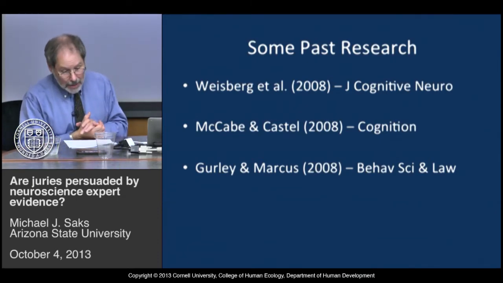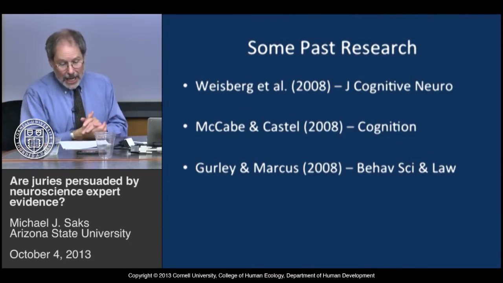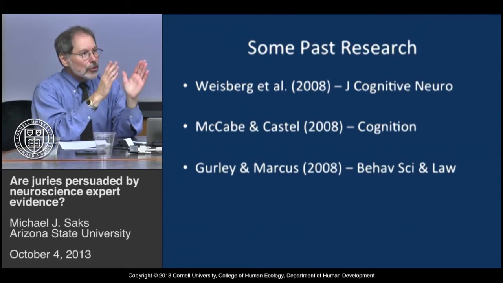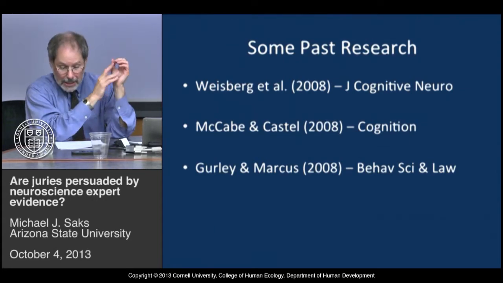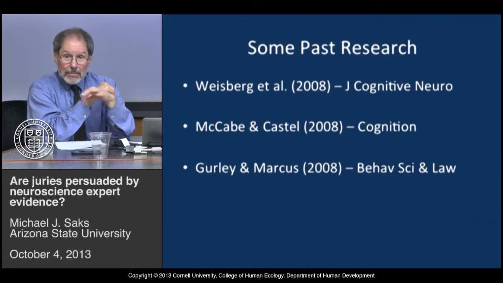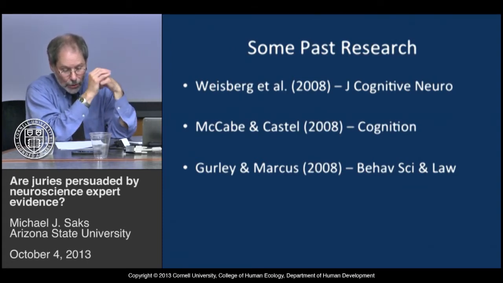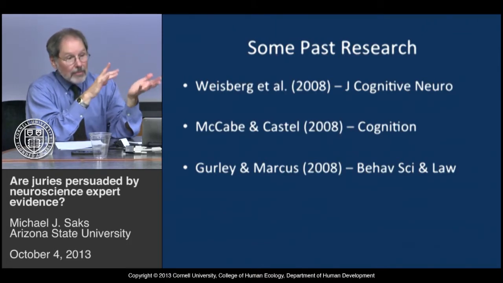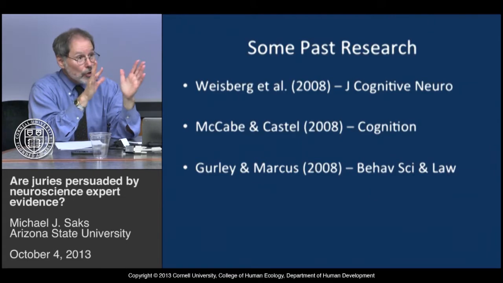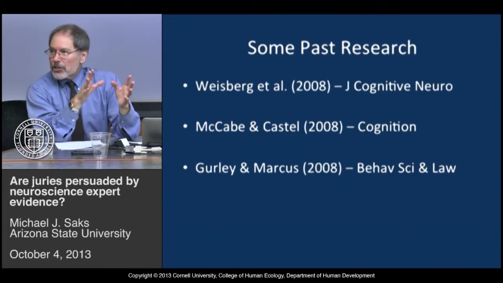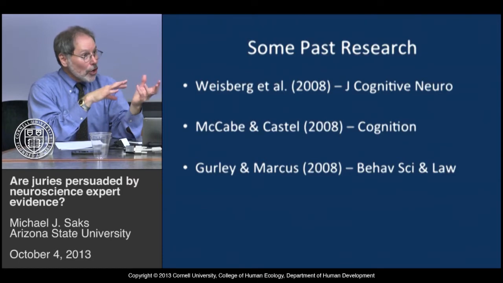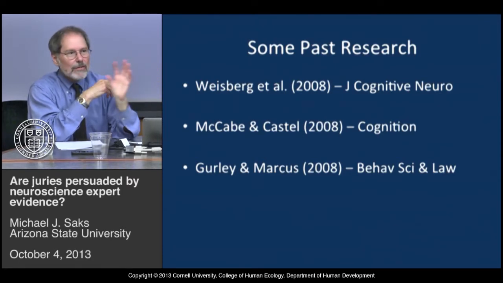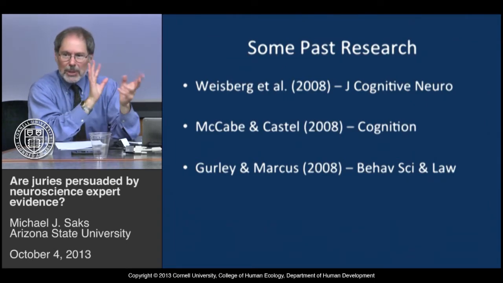Weisberg et al., Journal of Cognitive Neuroscience: they presented laypersons, neuroscience students taking classes in neuroscience, and experts, other faculty who were neuroscientists or cognitive neuroscientists, with good versus bad, illogical explanations of well-established cognitive phenomena, crossed by brain-based explanations versus more conventional psychological-based explanations.